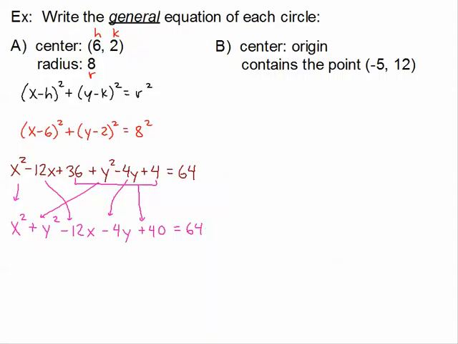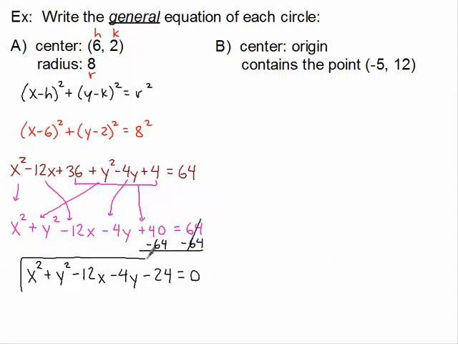One final step, general form is equal to 0. So whatever number is over there, let's get rid of it. In this case, subtraction will do that. So my final answer, x squared plus y squared minus 12x minus 4y minus 24, all equal to 0. So this is our general form given the information in part A.